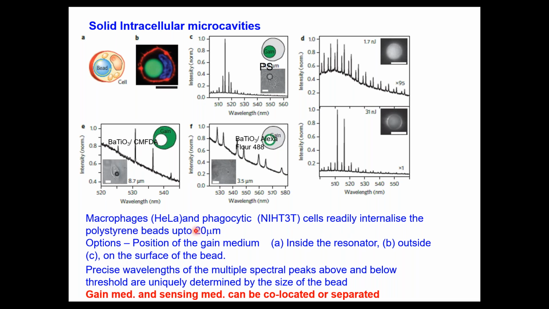These cells are called HeLa cells. This is a very important cell in biology. Somebody who is working in biology may identify this kind of cells, very important in cancer research, and they can readily internalize these beads for up to 20 micrometer.